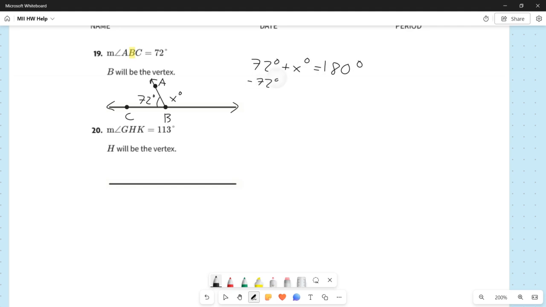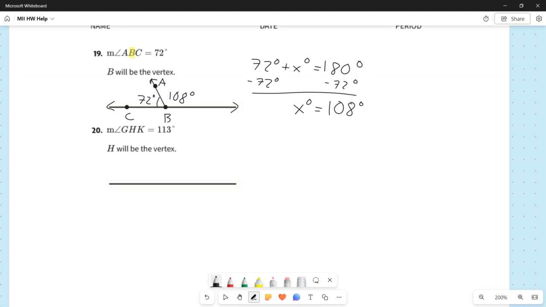If we subtract 72 degrees from both sides, we are left with x degrees being, not 180, we are left with it being 108 degrees. So instead of saying x now, we can say 108.